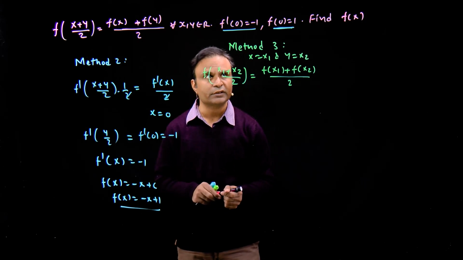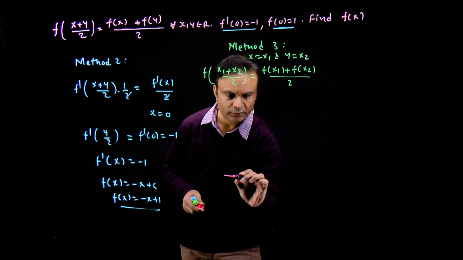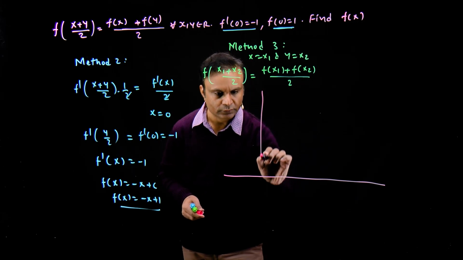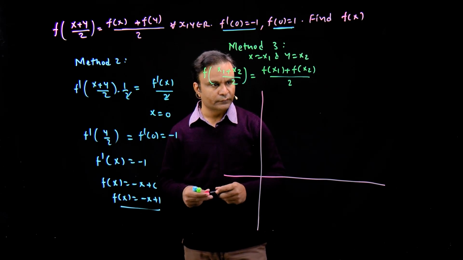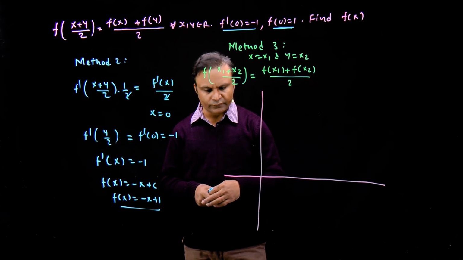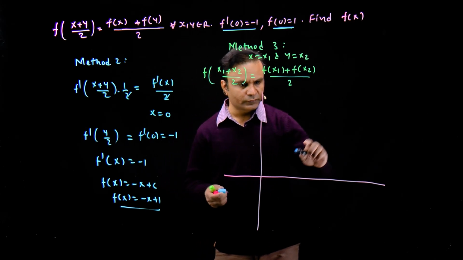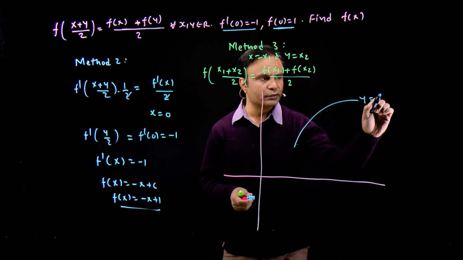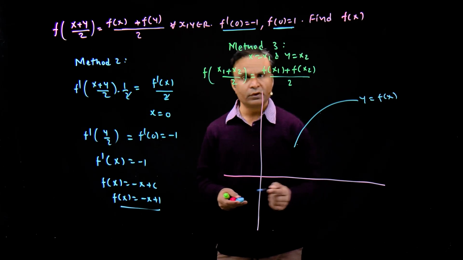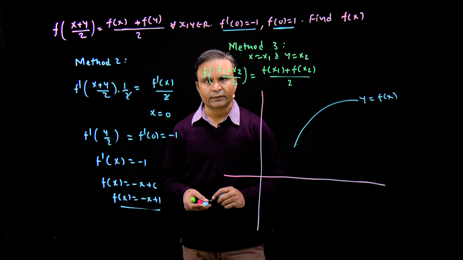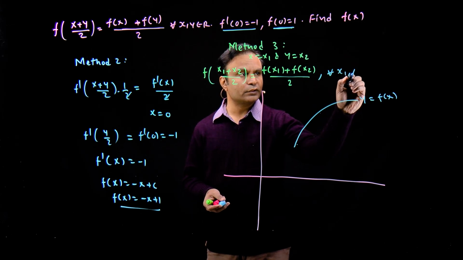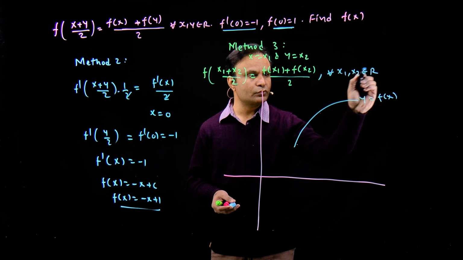Here we don't have function, so let's have general graph. You can draw any graph. Suppose this is a graph of function y is equal to fx. Now this relation is true for all x1, x2 belongs to R.